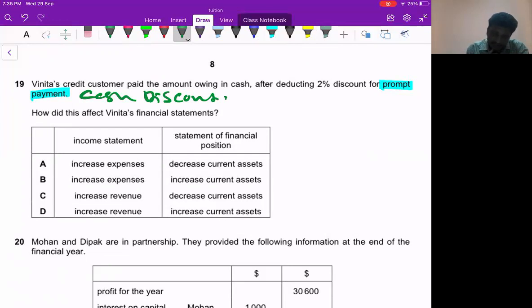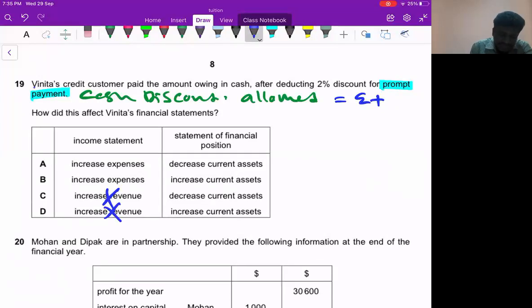Okay, it's a cash discount. We give a cash discount allowed. If you allow a cash discount, will your expenses increase or decrease? Expenses will increase. If expenses increase, this one is confirmed wrong.